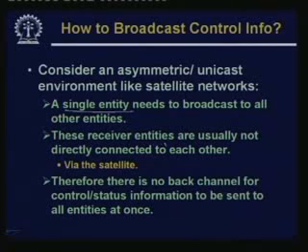The receiver entities are usually not directly connected to each other, rather they are connected via the satellite. So, there is no dedicated channel or back channel through which the control status information can be sent directly to all the entities at once. They have to be sent via the satellite.